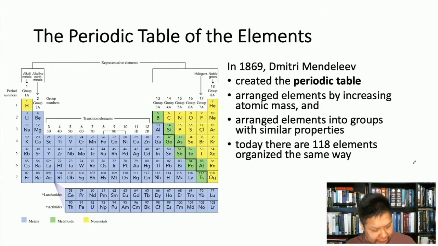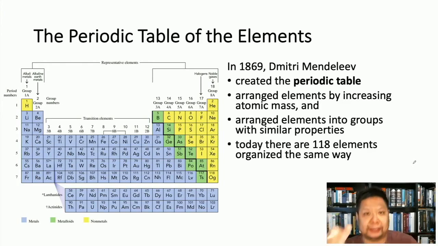The periodic table of the elements is how we organize elements, and it was developed or compiled by Dmitri Mendeleev back in 1869. I think the most important thing about this is that he was able at that time to categorize elements based on their atomic mass and also based on their properties.